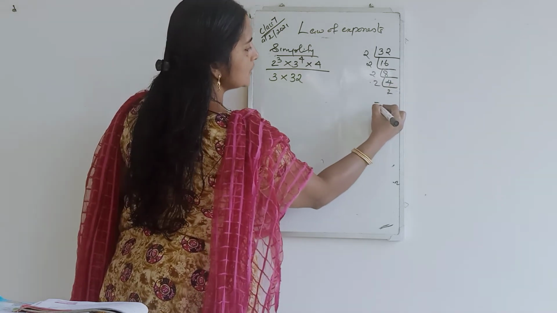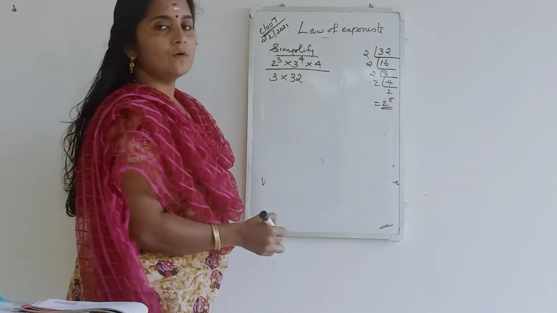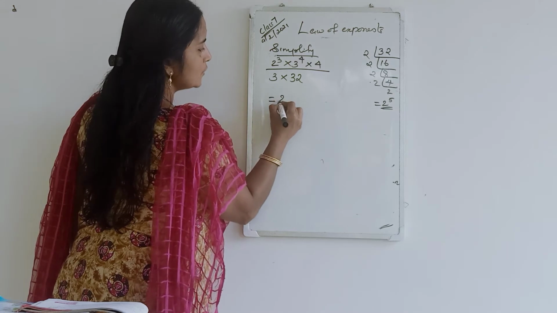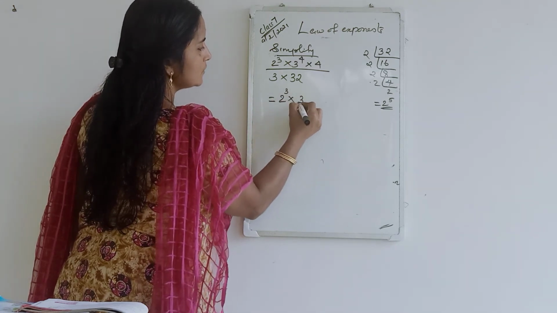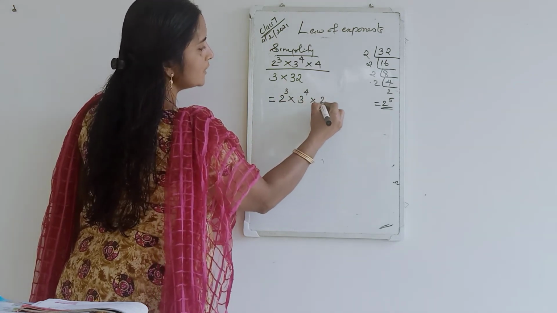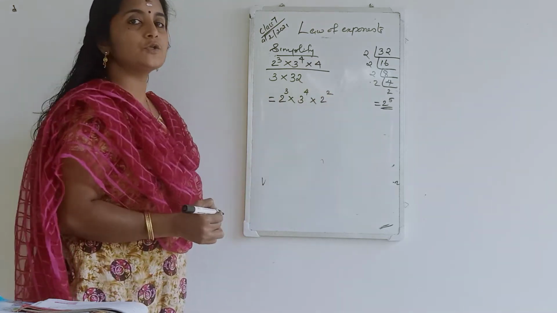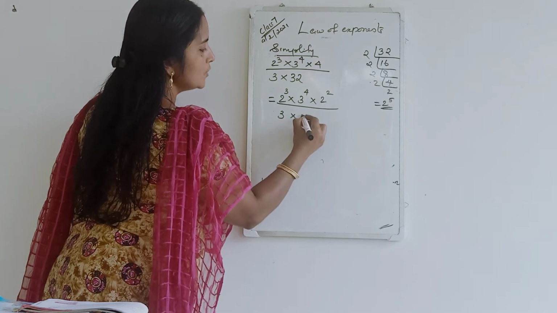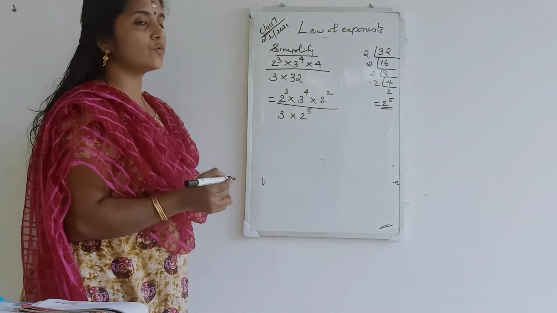So 32 can be written as 2 raised to 5, and 4 can be written as 2 square. So 2 cube into 3 raised to 4 into, instead of 4, 2 square by 3 into, instead of 32, 2 raised to 5.